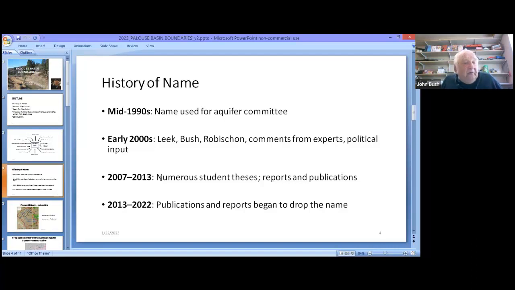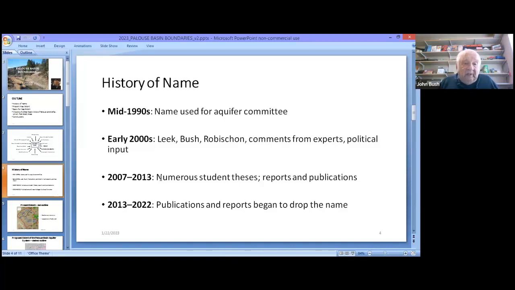However, in 2013 to 2022, a lot of the publications and reports went out for peer review in national and international publications. And those reviewers oftentimes did not like the term Palouse Basin, so the name wasn't always used. Some of those publications would define their specific area of study, like Moscow Mountain, and not even refer to the term Palouse Basin.